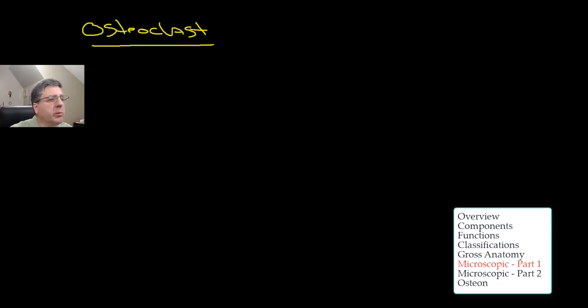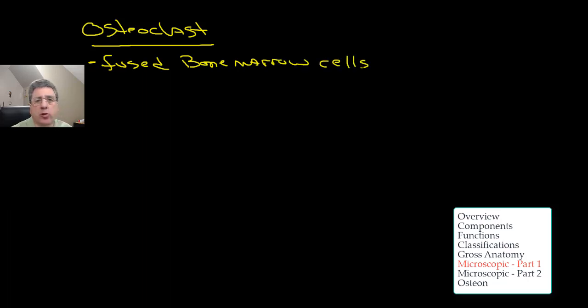So fused bone marrow cells. Each cell has a nucleus. So now if we fuse multiple cells together, it's multinucleated. So we have multiple nuclei.